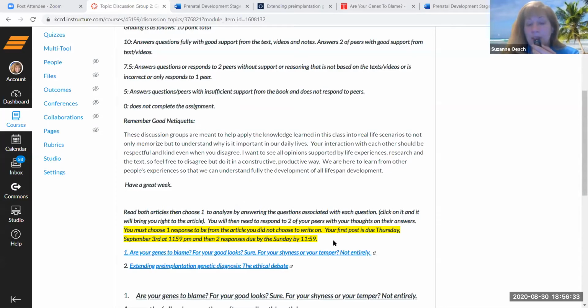Like I said, I forgot to add this into Canvas last week. So I let you all have your due dates on Sunday, but starting from now on, you can see it in the syllabus, and now it's also added into Canvas.